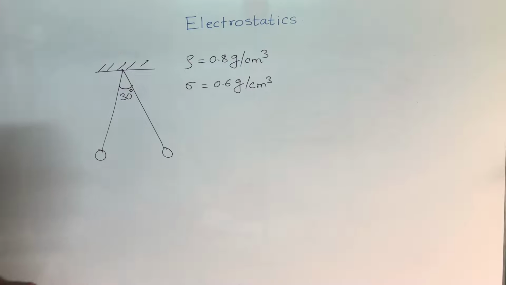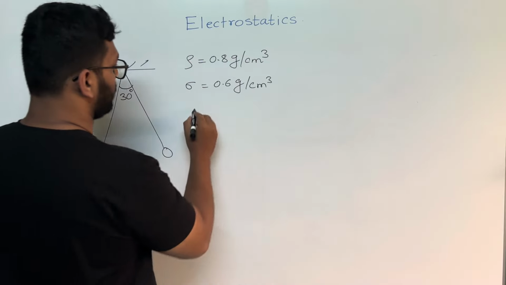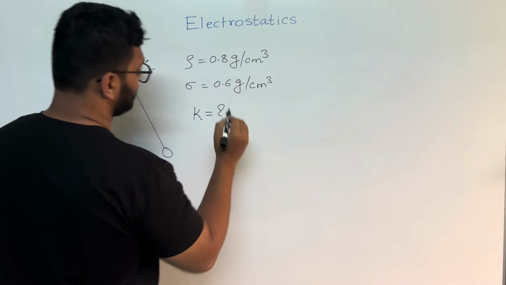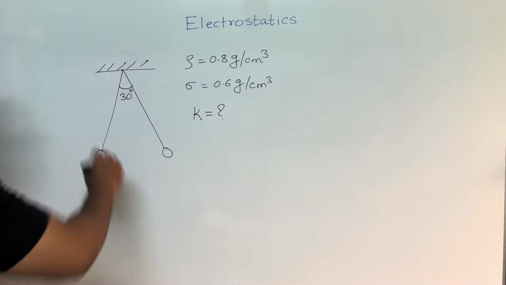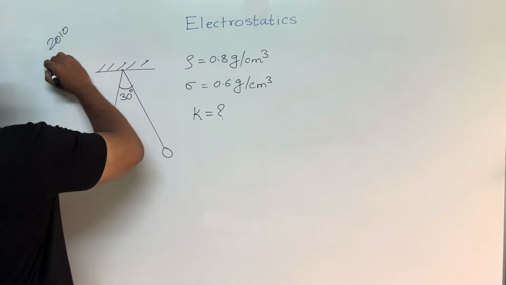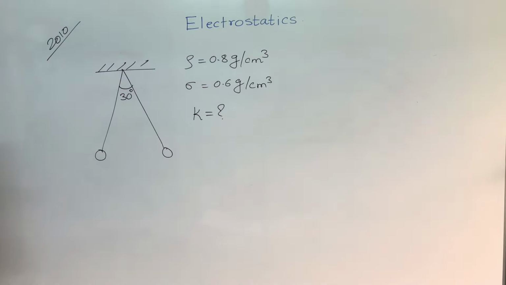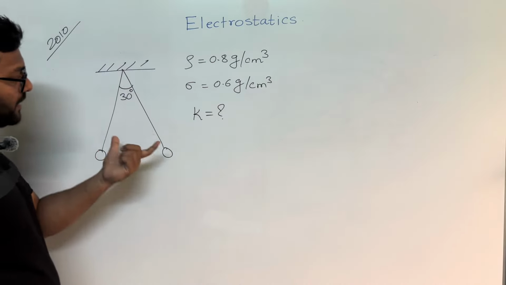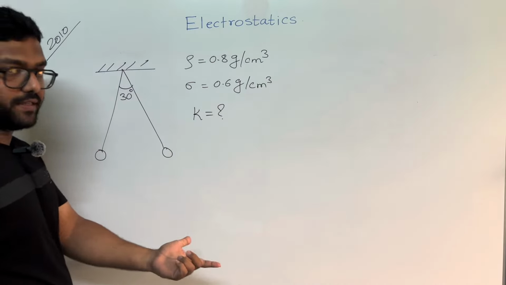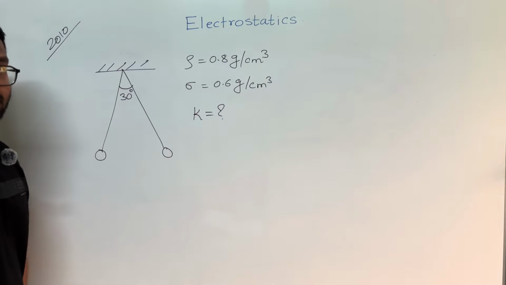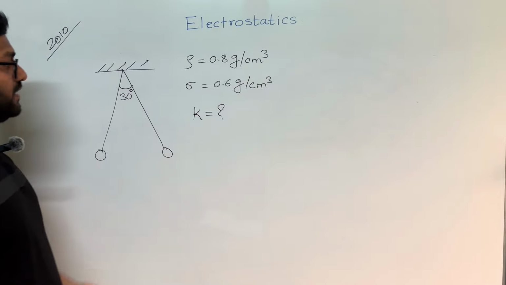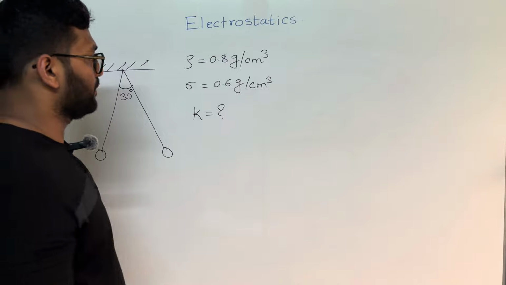What we have to do is find out the value of K. This is an AIEEE question asked in 2010. Now they are saying after we keep this apparatus in another medium, the angle doesn't change. That means it remains the same.